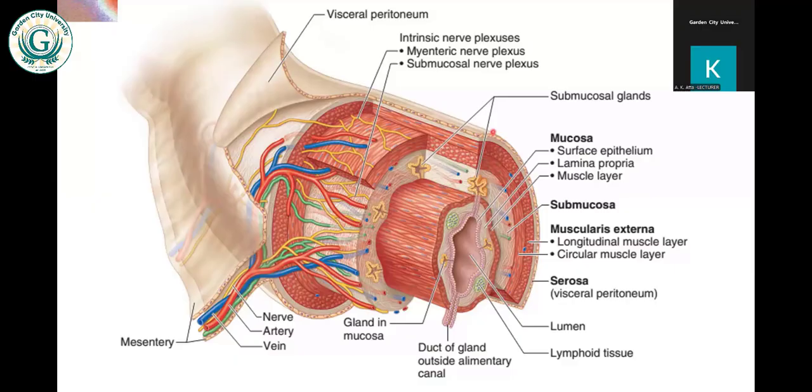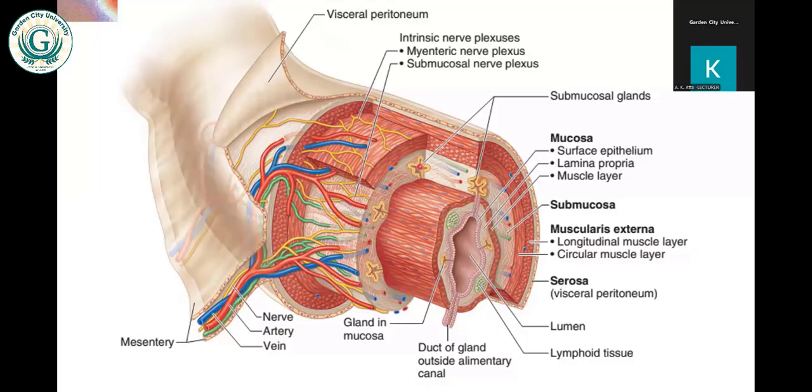The last layer being the serosa, if it's intraperitoneal. Then I also mentioned an important point that in the submucosa you may have glands, and it's only in part of the esophagus and the duodenum that you have submucosal glands.